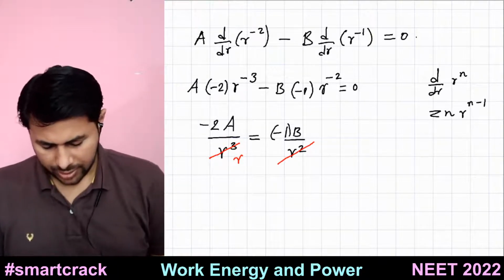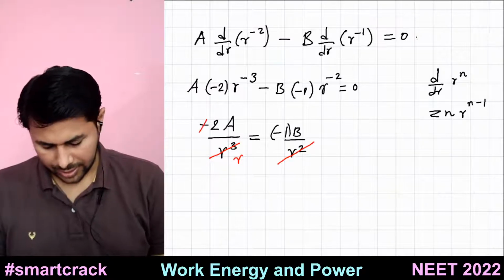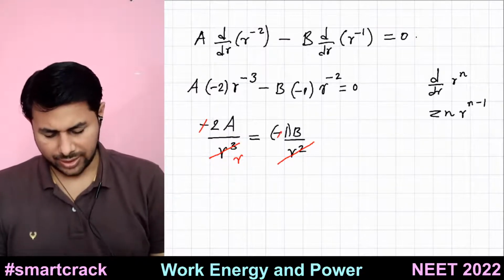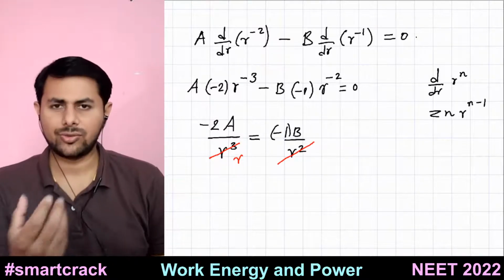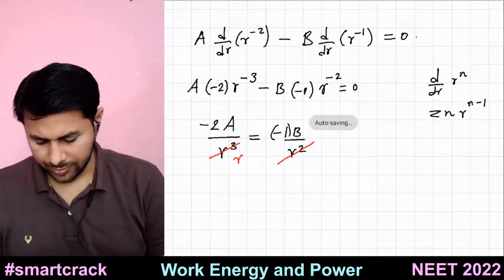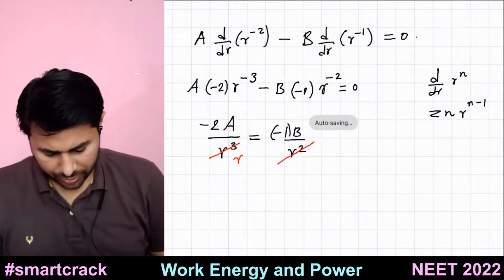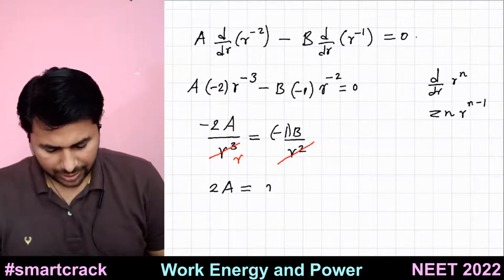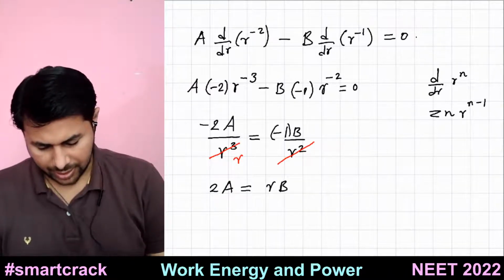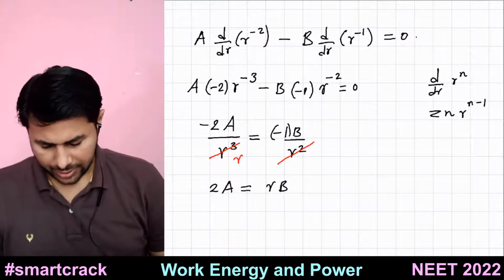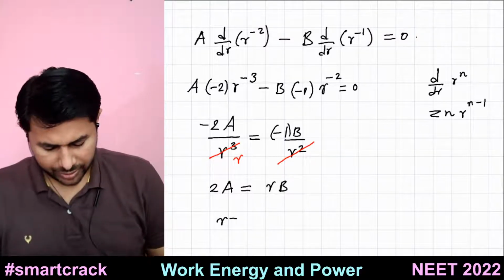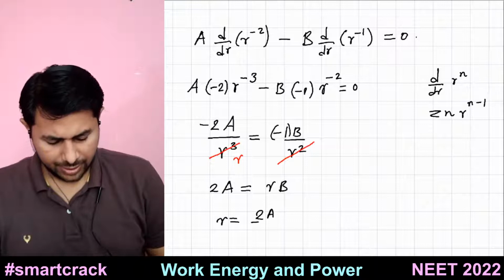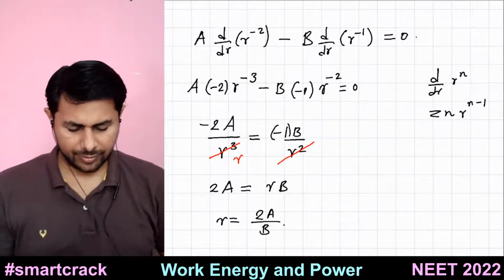This negative sign and negative sign get cancelled, or you can say you are dividing minus 2 by minus 1, which becomes 2. So it is 2 times a equals r into b. Taking this r on the other side, we get r equals 2a divided by b.